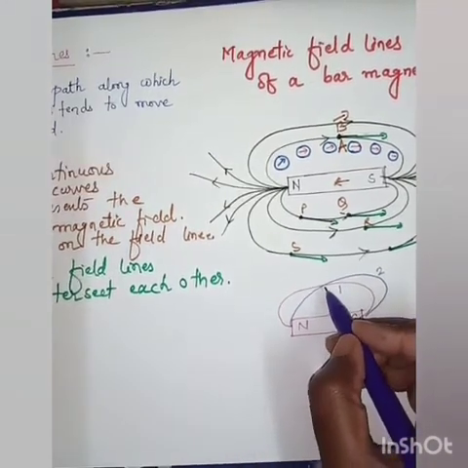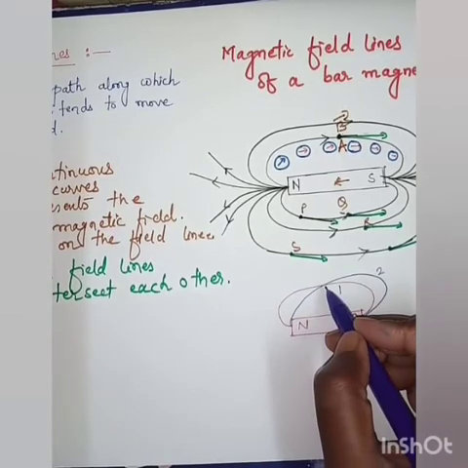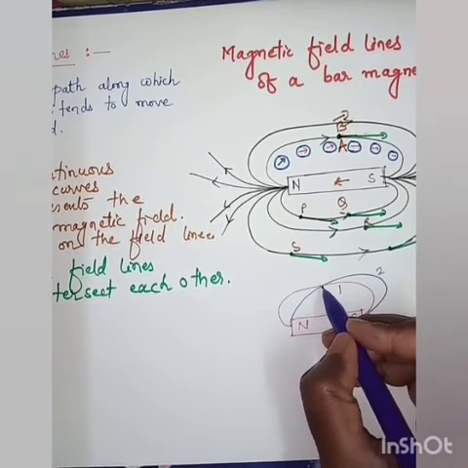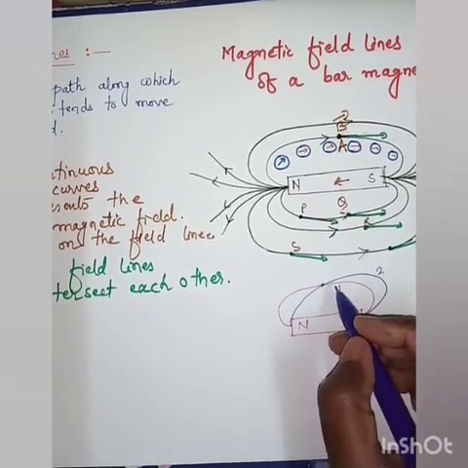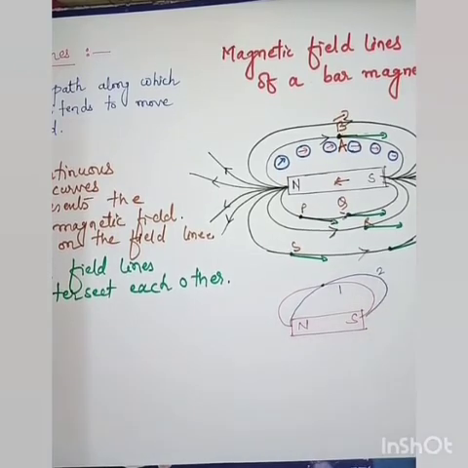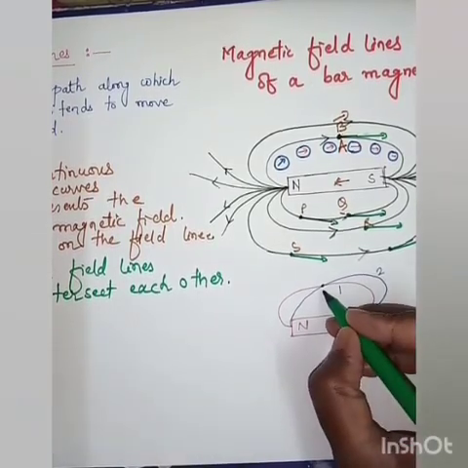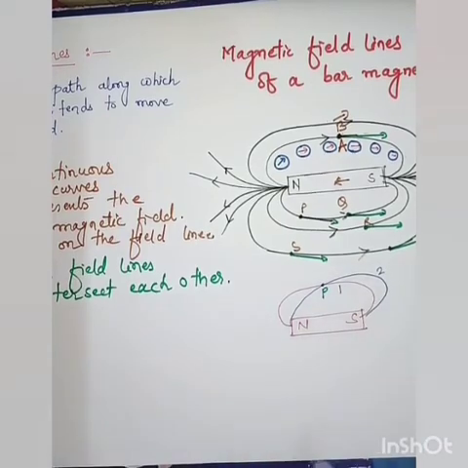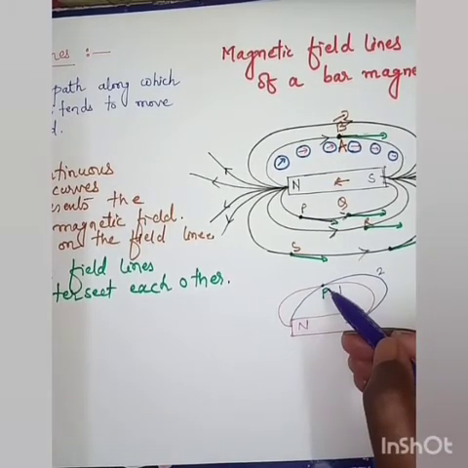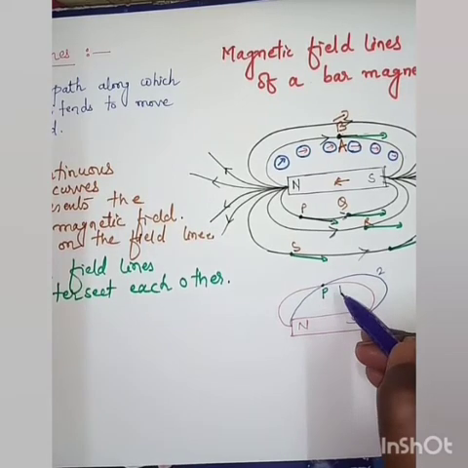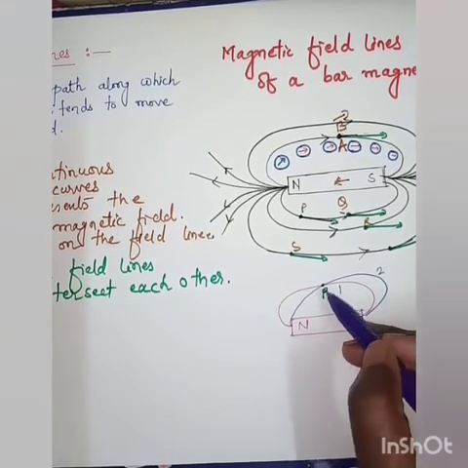Now you know that the tangent points to the direction of the magnetic field at any point. This is the common point of intersection of the two field lines. Suppose this is the point P. Point P is the common intersection point of field lines 1 and 2. We have assumed here that the two field lines are intersecting here.